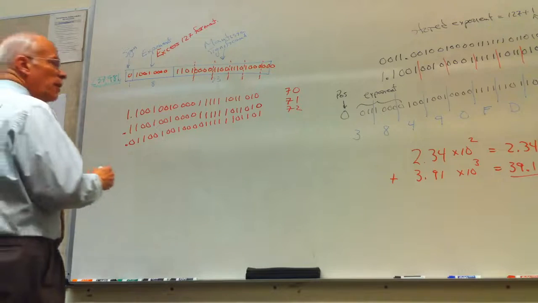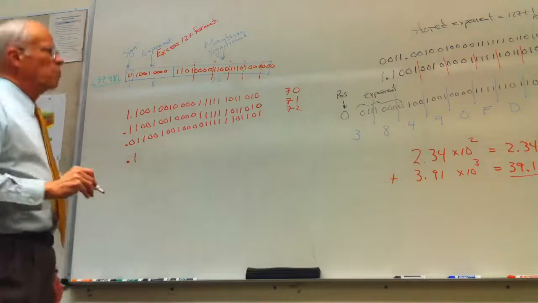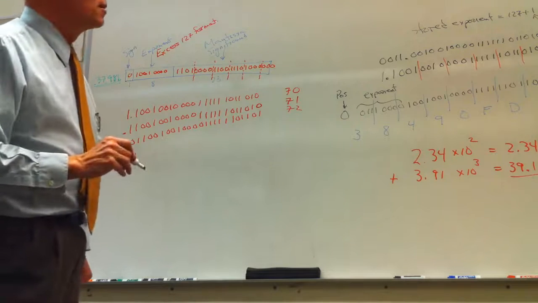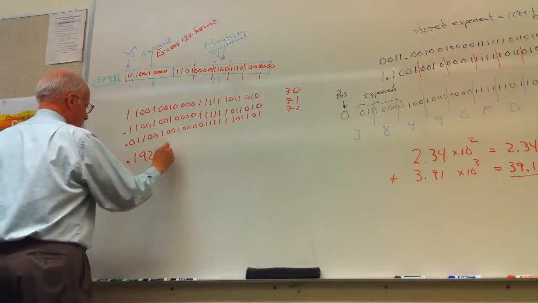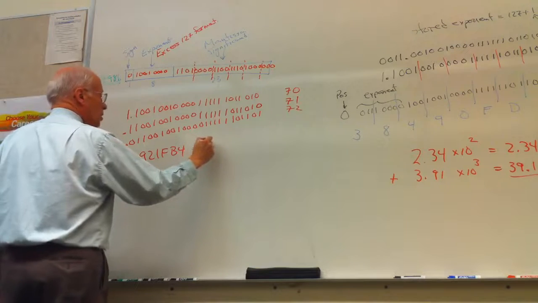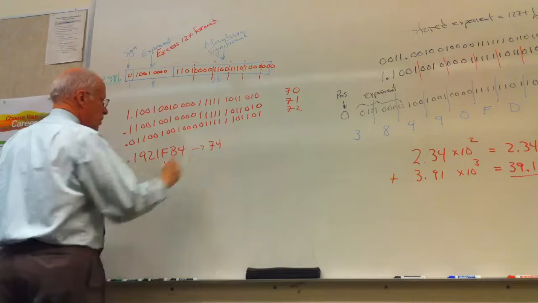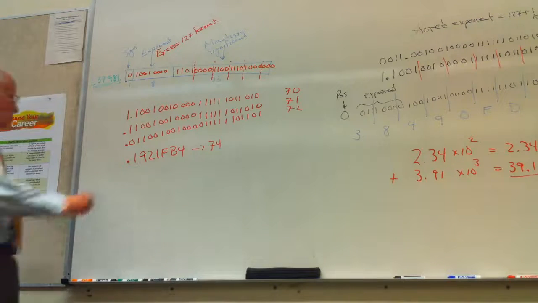So you see, if I go in hex, 0.1, 921FB4. That would give me an exponent of 74, because I just moved it 4 places.